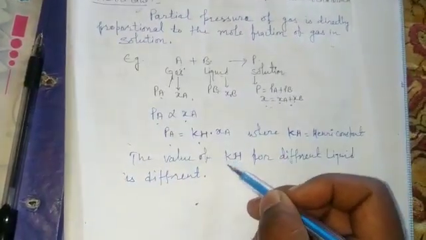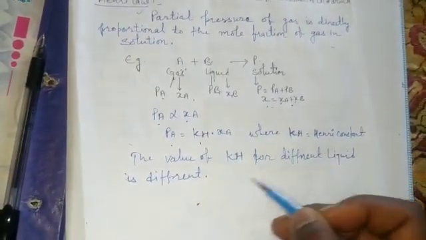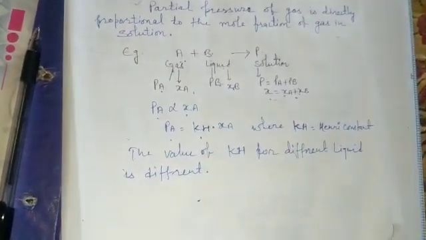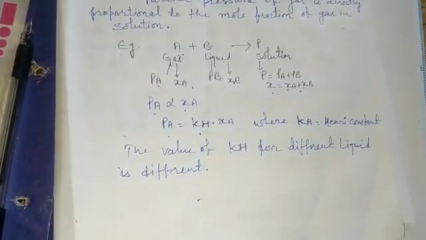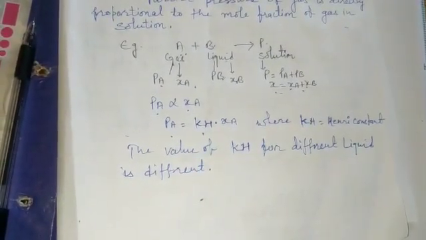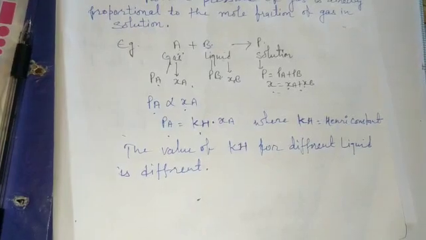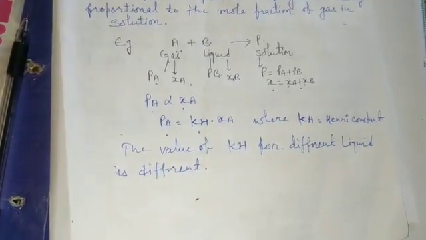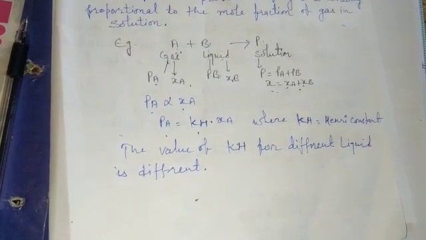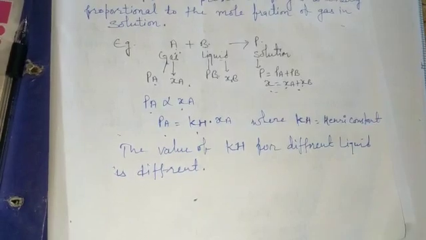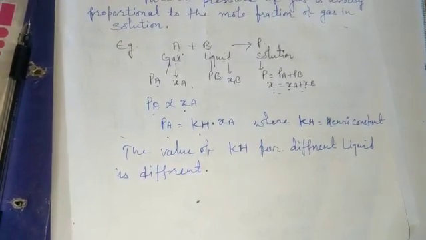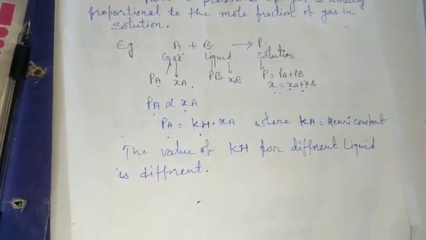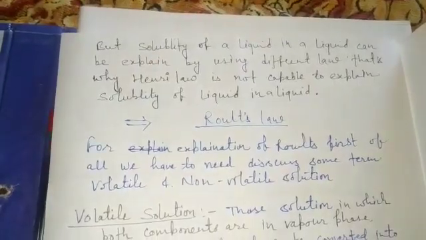The value of Henry constant for different liquids is different. Means the value of Henry constant for water is different, for alcohol is different, and for acetone is different. Other solvents contain different values of Henry constant depending on which solvent we use.